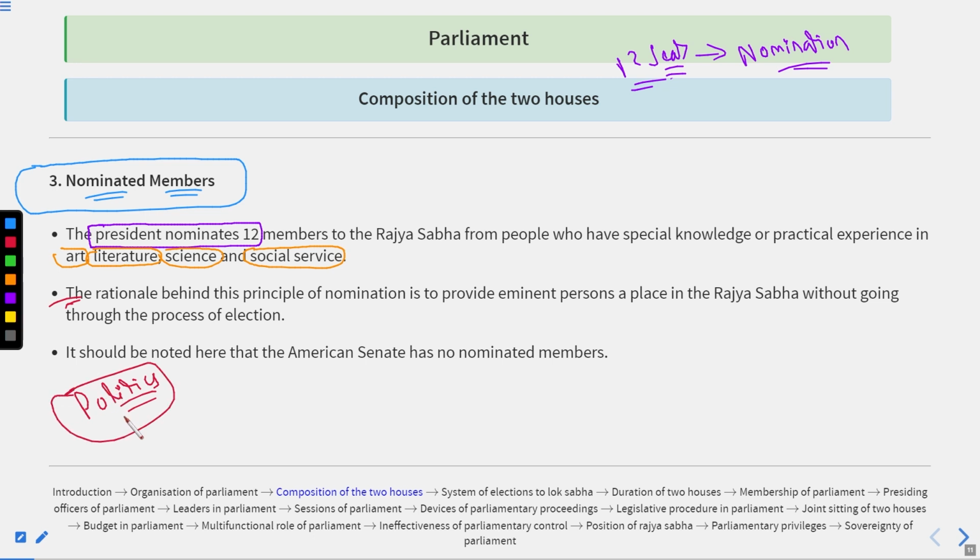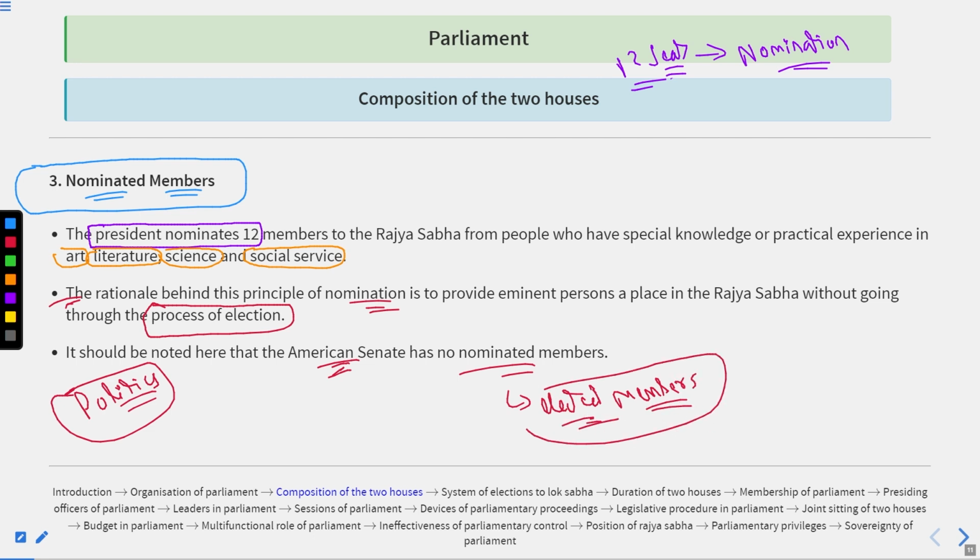So that's why they are saved from being part of the election process. They could have direct nomination by the president of this country. It should be noted here that the American Senate has no nominated members, so only elected members could be there. All right.